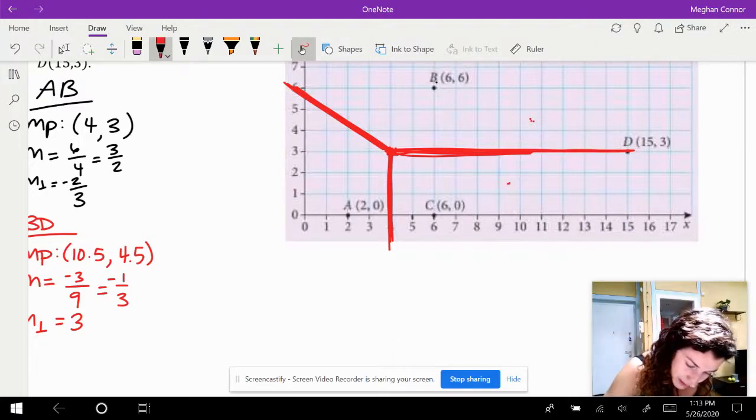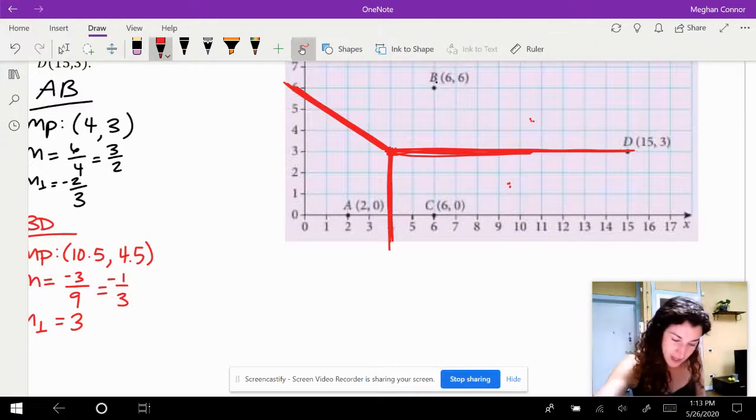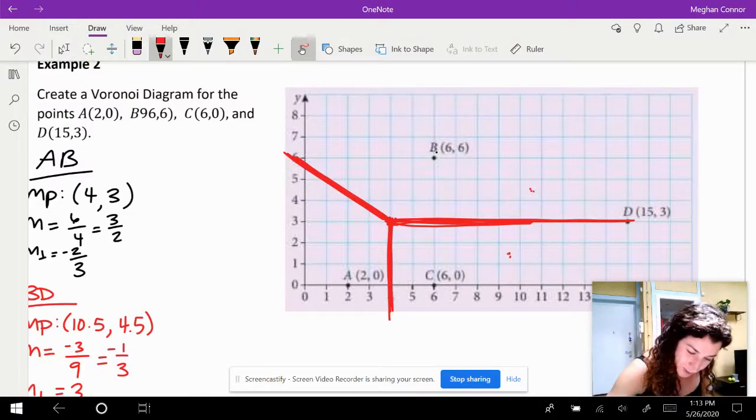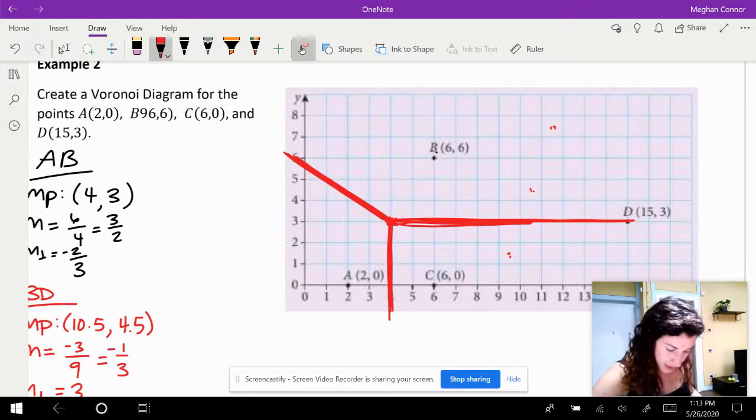So that would be a point that's contained on that same line. Or we could go up from the original 10.5, 4.5, go up 3, 1. You can't see what I'm doing with my hands, but I'm jumping up 1, 2, 3, and then over 1. So I found 3 points that are on that perpendicular bisector. So if I were to draw in that line, that would be my perpendicular bisector.